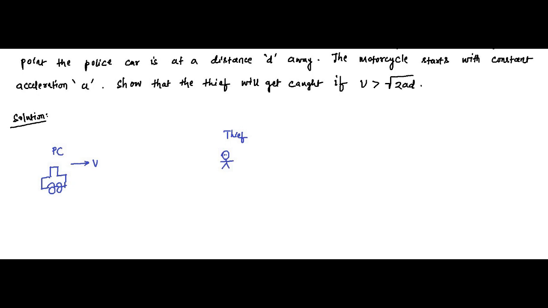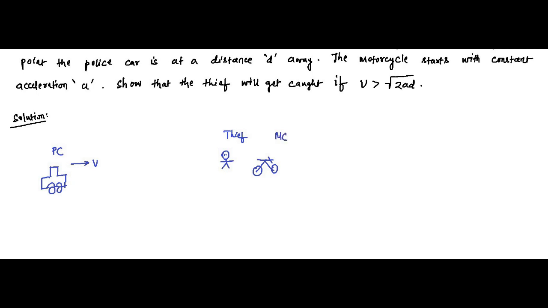Now while it is chasing, the thief hitches a ride with one of his accomplices on a motorcycle. So it is like this. It doesn't look like a motorcycle, but still, it's a motorcycle.